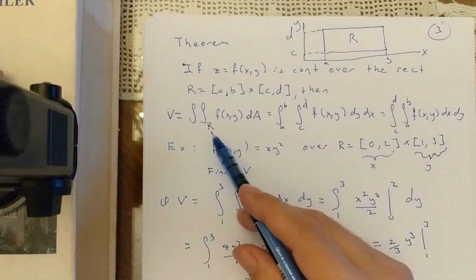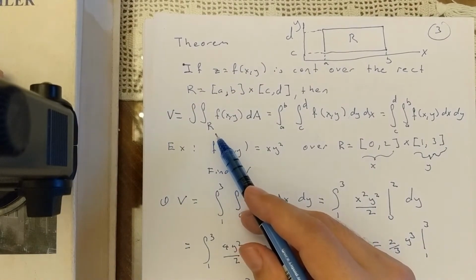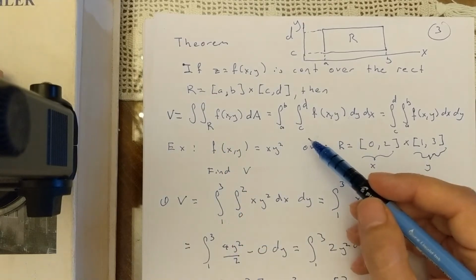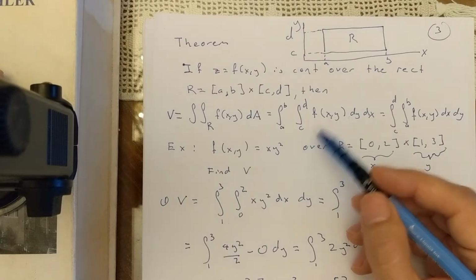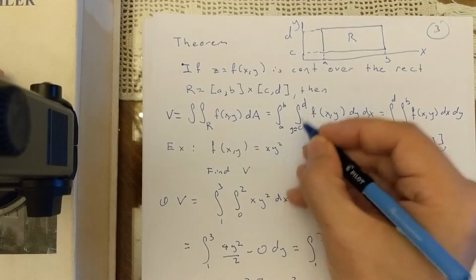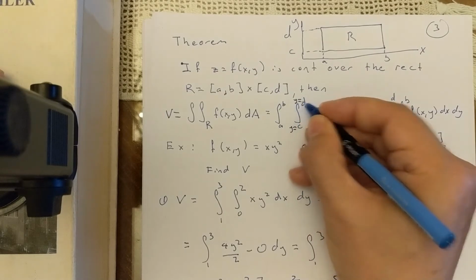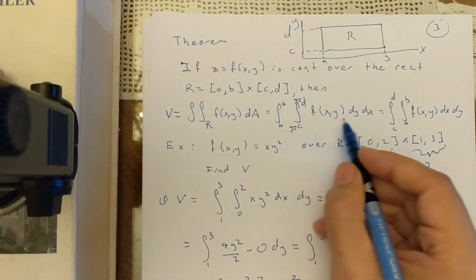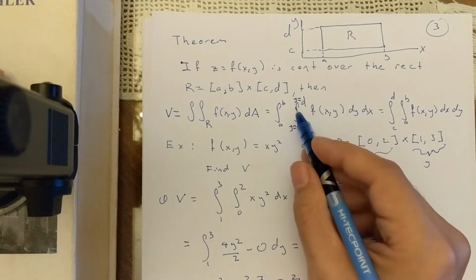Well, what is this integral over a region? Okay, what does it mean? Well, it says you look at your boundaries, okay? So my y boundaries are y equals c to y equals d, okay? So I write f of xy dy because this is the range of the y.